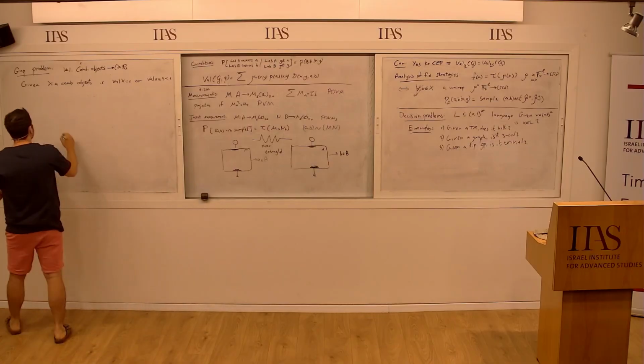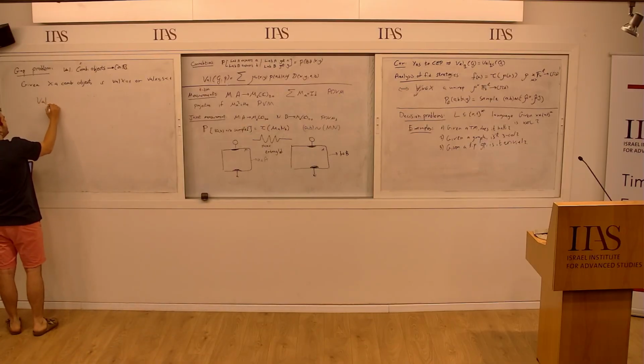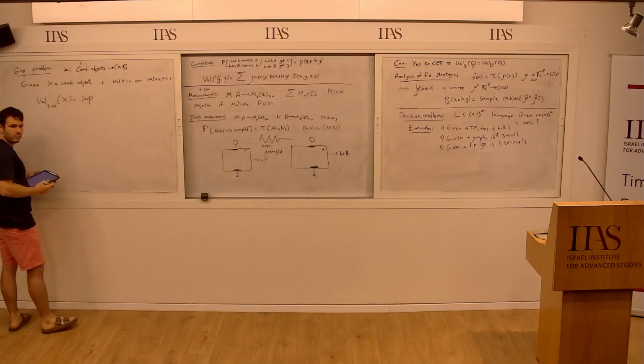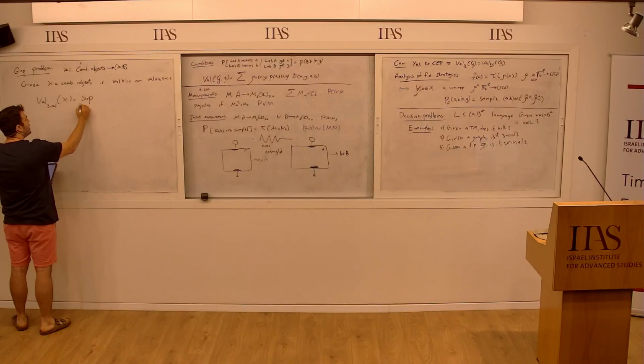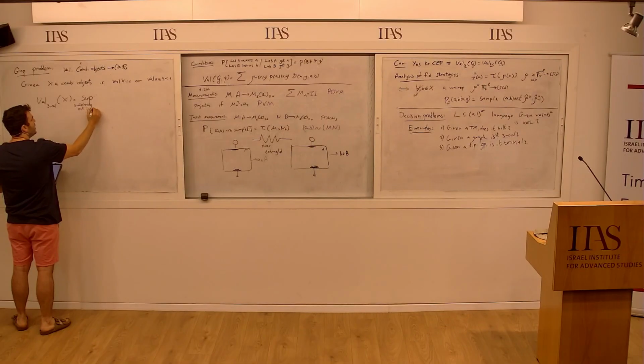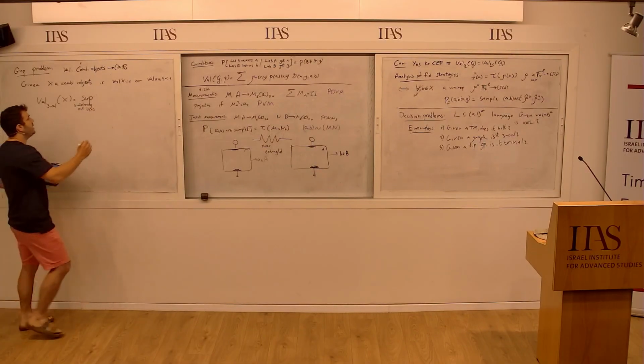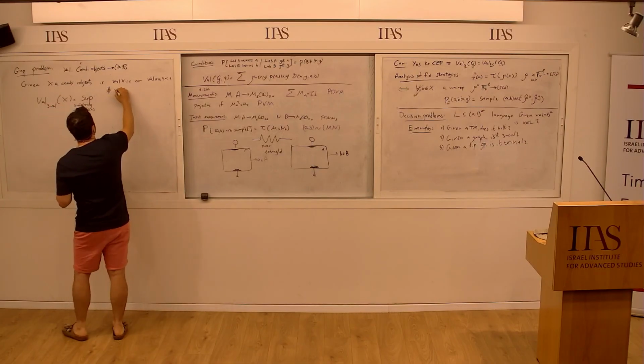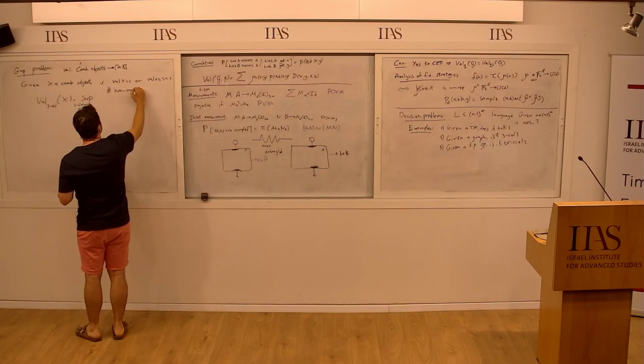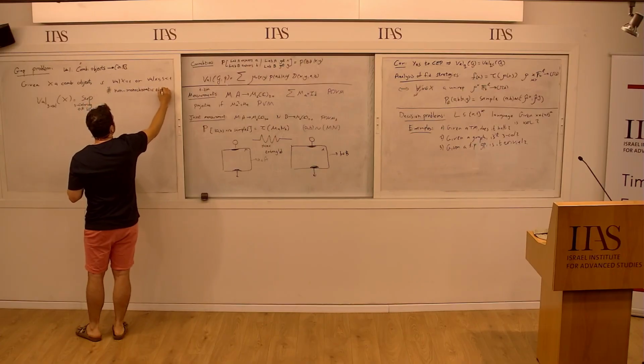Let's see an example. So what would be the free colorability value of a graph X? It will be the supremum over all possible colorings of the vertices of X. So I just give for every vertex a color. And then I'm counting how many non-monochromatic edges there are in the graph.